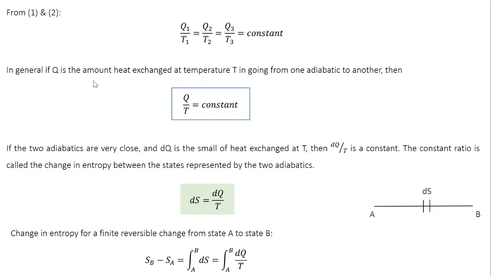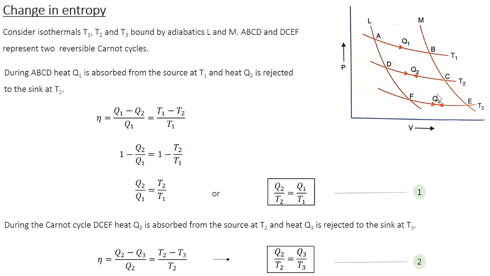So in general, if Q is the amount of heat exchanged at temperature T in going from one adiabatic to another, then Q/T remains a constant. Imagine that these two adiabatics, L and M, are very close. Then the heat exchange between them is going to be very, very small.